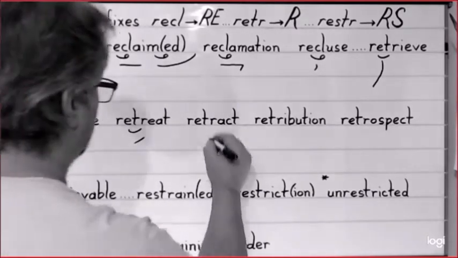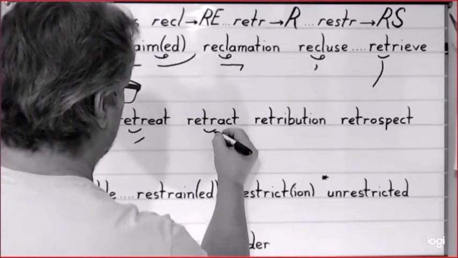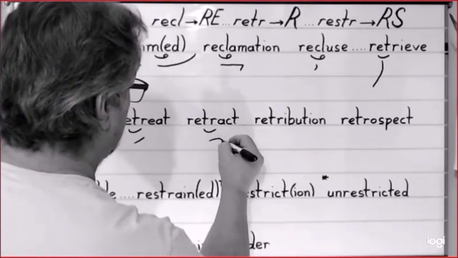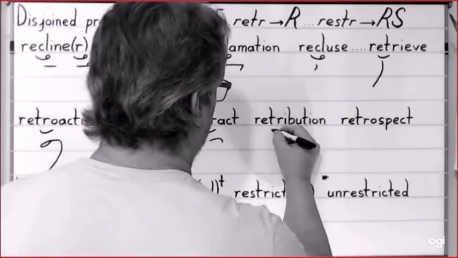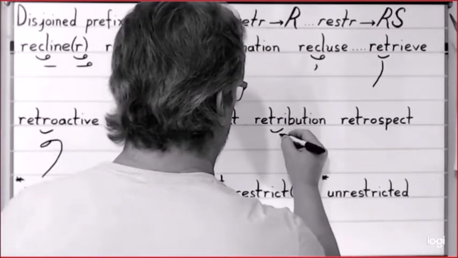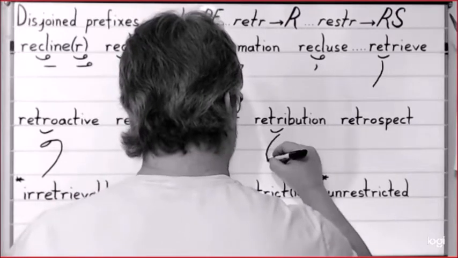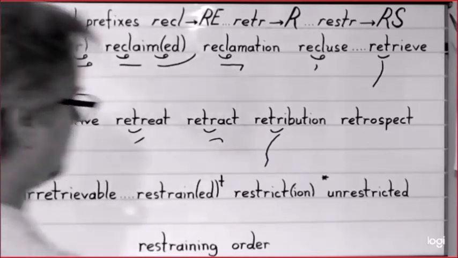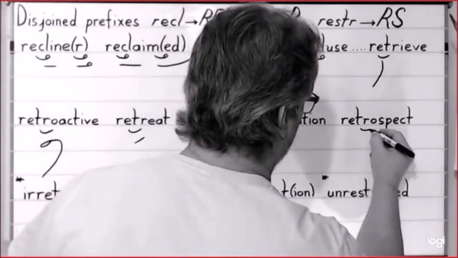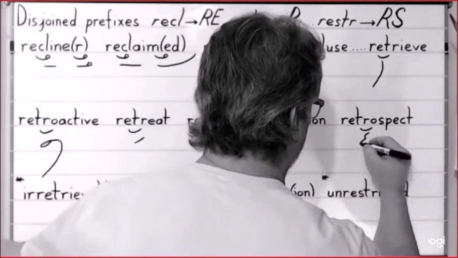Retract is R and a K. For retribution, it is an R, a B, and an SH. For retrospect, it is an R, S, P.